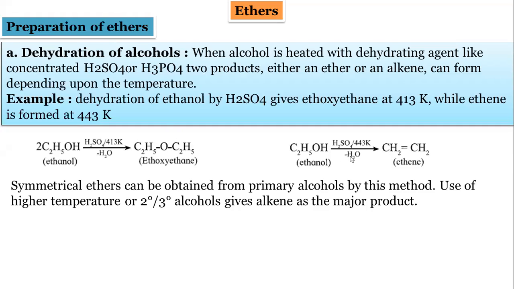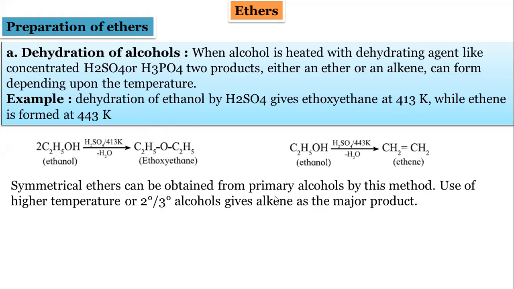If the temperature is increased to 443 K, then we will get ethene, means the water molecule will be removed. So remember, this is a limitation of this reaction. If the temperature is increased, instead of formation of ethers, we get ethene.